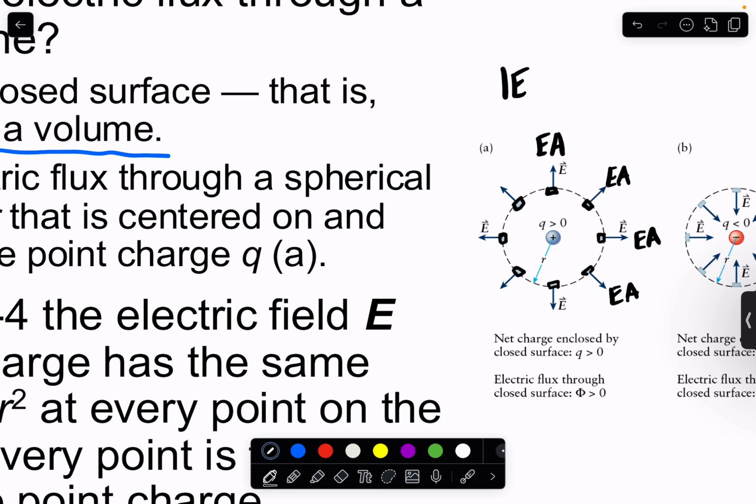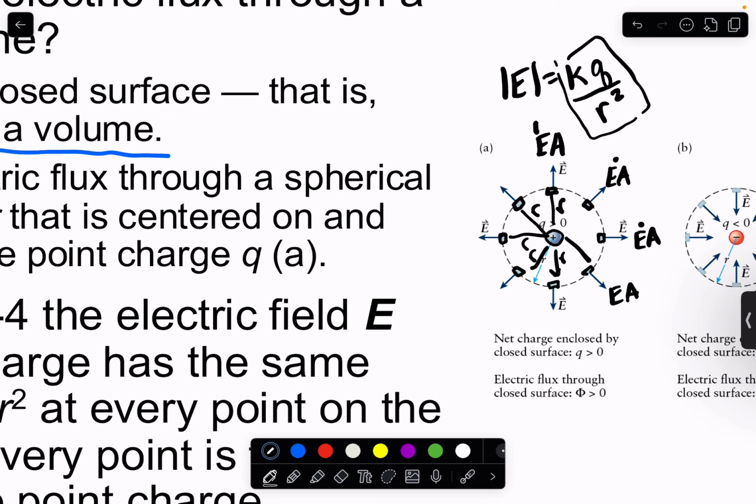Because remember, the magnitude of the electric field is kQ over the distance between charge and place, squared. Well, what is that distance? It's all equal to r, the radius of that sphere. So everywhere you have an E, the value of that E is kQ over r squared.